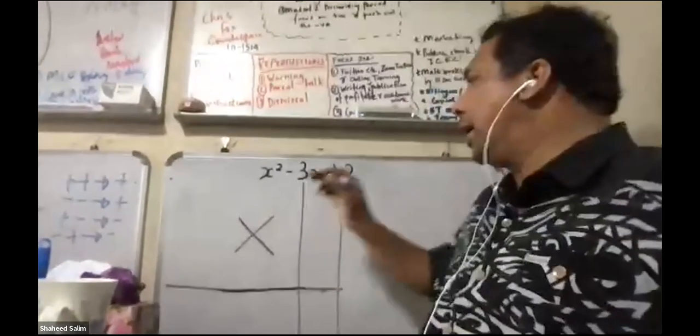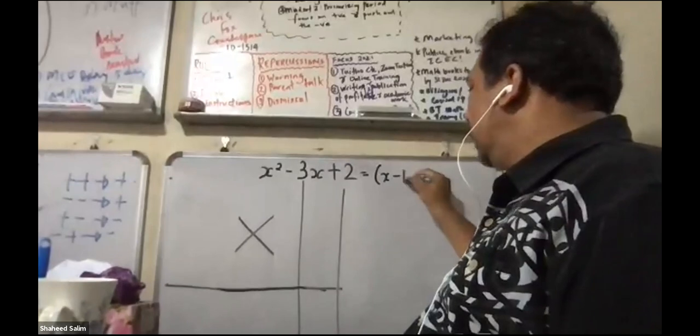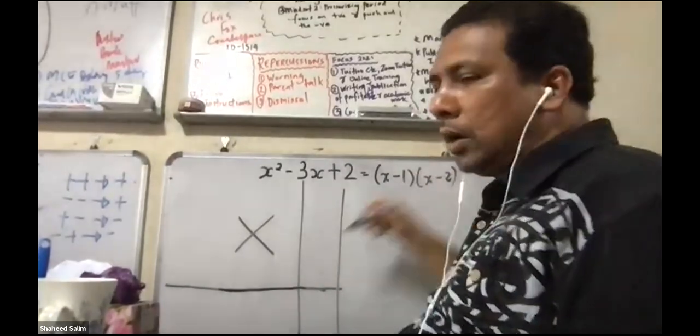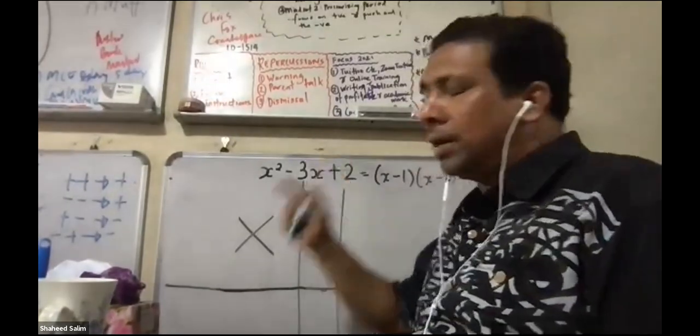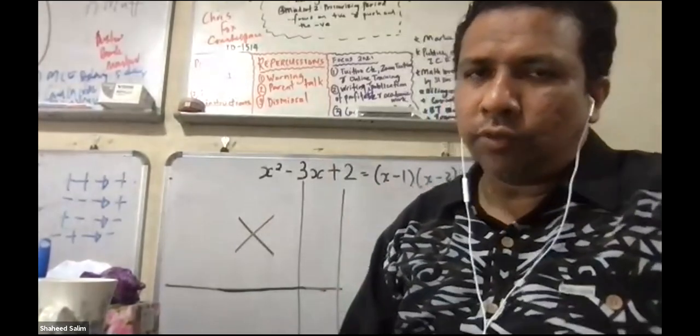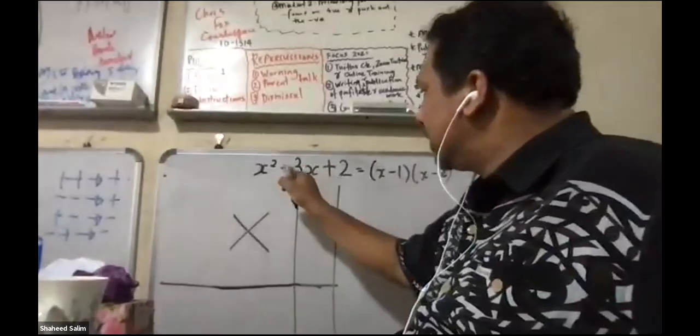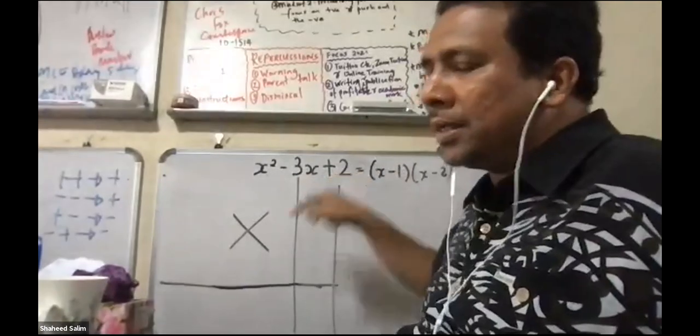All right, x minus 1, x minus 2. Well done, well done. So now we're going to progress to where the last number is a minus. First we had both plus, now center minus. Now the last one minus, a little bit more complex.